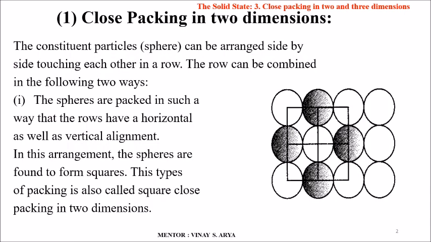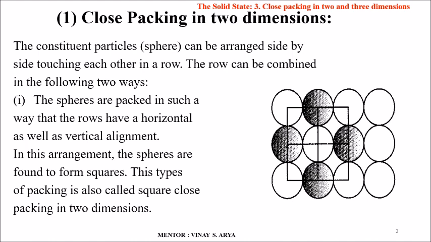Now here you can see, students, in the close packing in 2 dimension, white balls as well as shaded balls. Basically the center where the cross is formed is the atom which is considered the reference atom, and from that reference atom we calculate the coordination number.